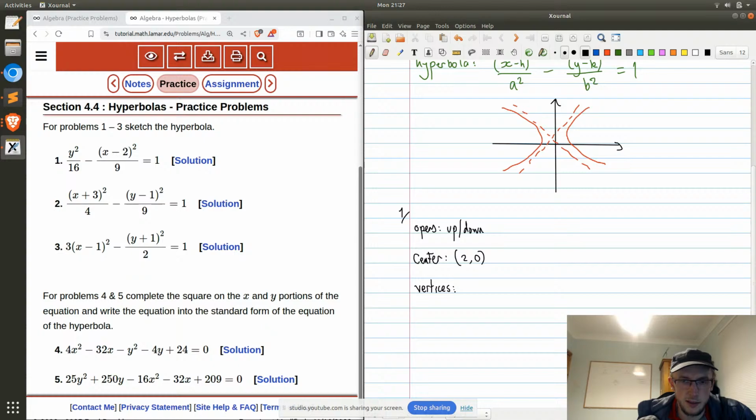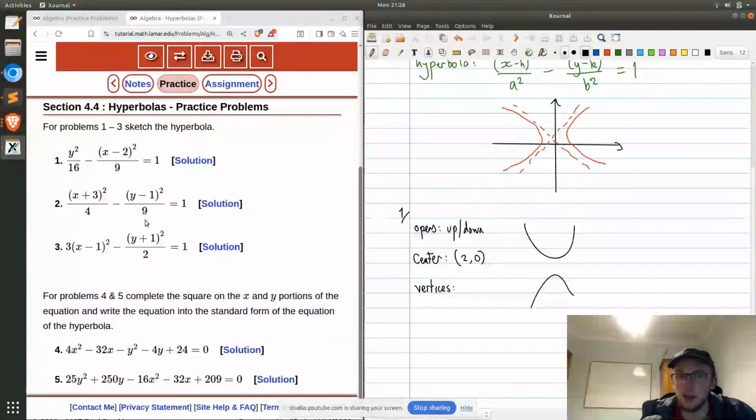Vertices. Let's do it. Look, we just have to think that it will be the center, but a slight modification of the center. Which coordinate makes sense to modify for a hyperbola that's opening up and down? Oh, the y coordinate, right? That's it. But by how much? By 3.